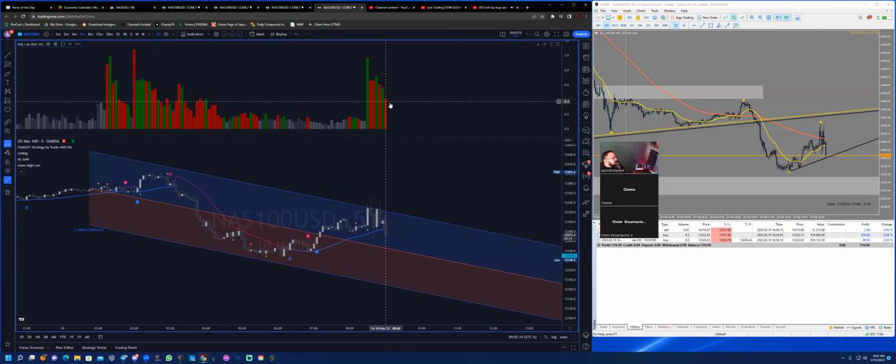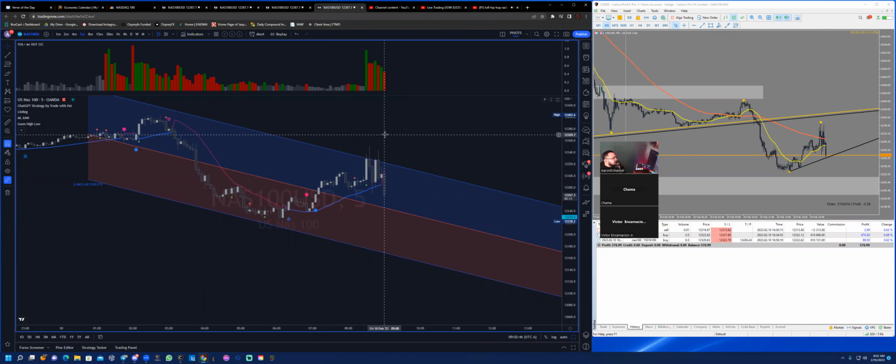The more volume, the more sellers are in this particular candle. But you see that there's more green than there is red. So just because we have a pretty decent bearish candle doesn't mean we're going to continue down. There were more bulls in the market. There were more buyers. So we just got to be patient.